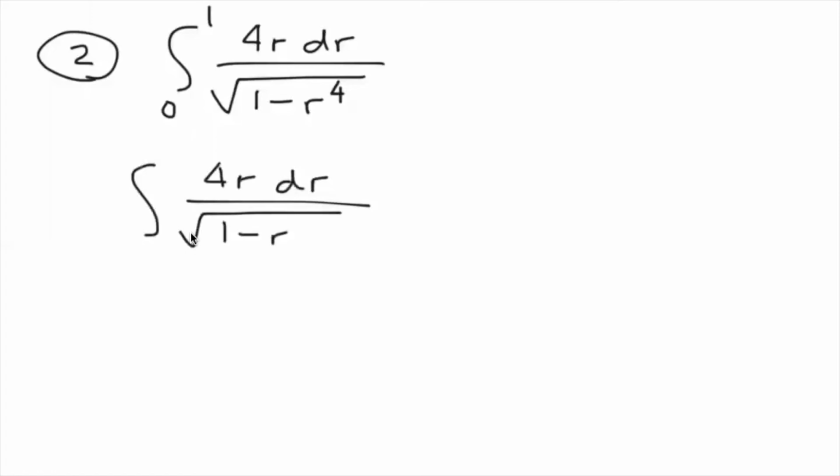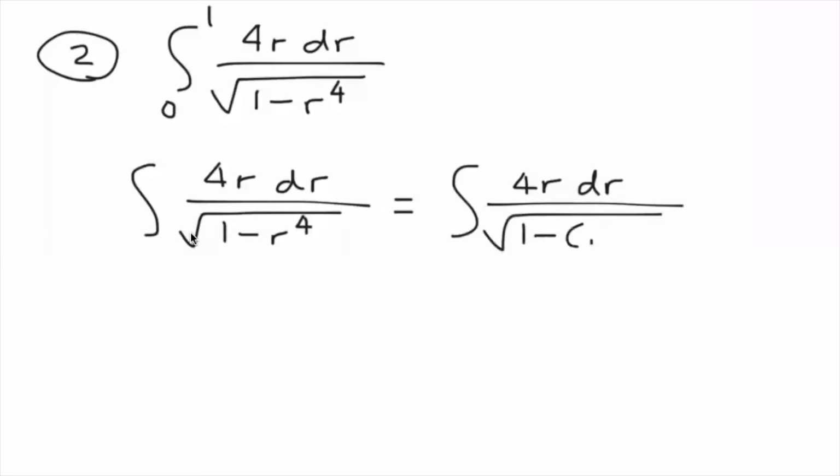Okay. You may have seen an integral like this in chapter 7. The secret is to rewrite it like this: 4r over the square root of 1 minus the square of r squared. All right, we're trying to make this look like one of those inverse trigonometric integrals.